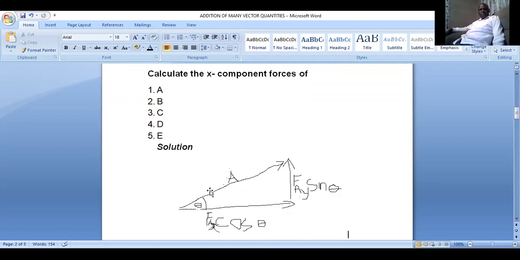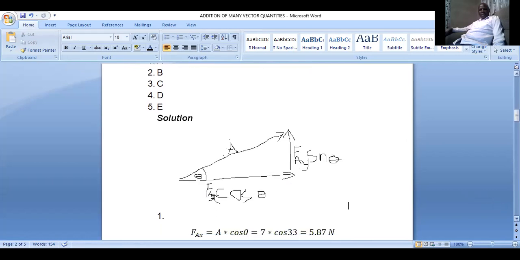For you to resolve it into components, and it has an angle of theta, you say this along the positive x-axis is force A cos theta, while this one is force A sine theta. You note that the force going along the positive x-axis is positive, as well as this one along the positive y-axis.